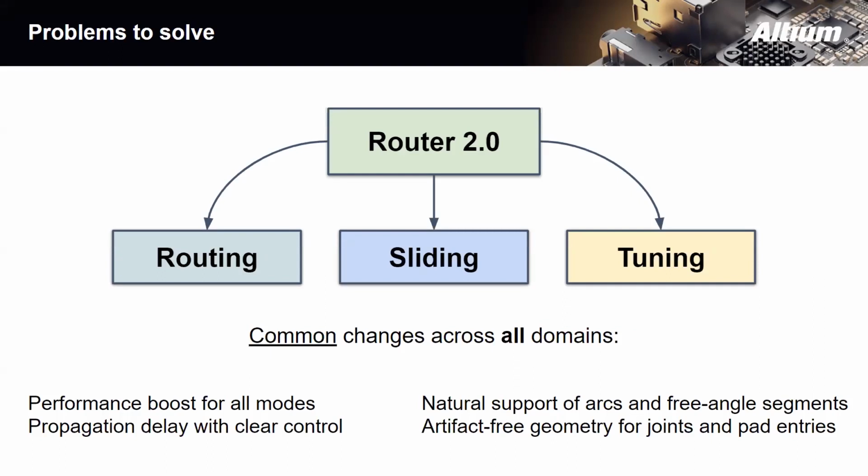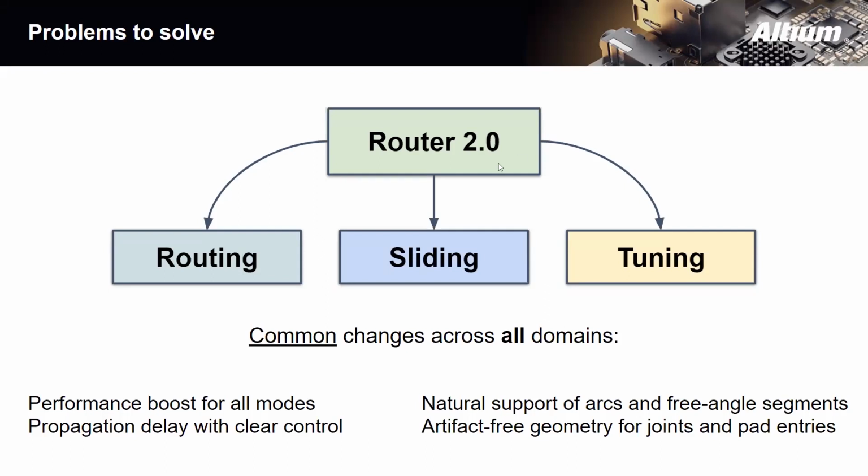The whole new router gives a serious performance boost for general and advanced routing, trace editing, and tuning. There are several key features and several challenges that were of special interest for us.